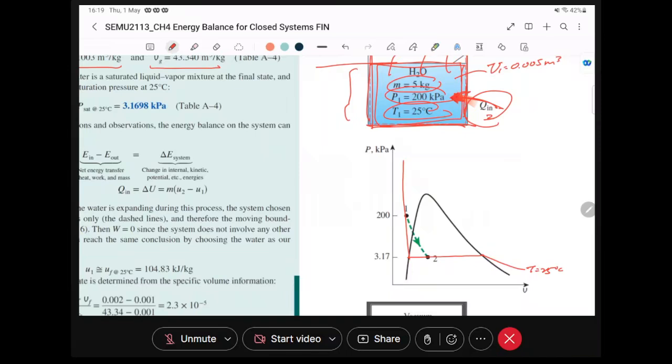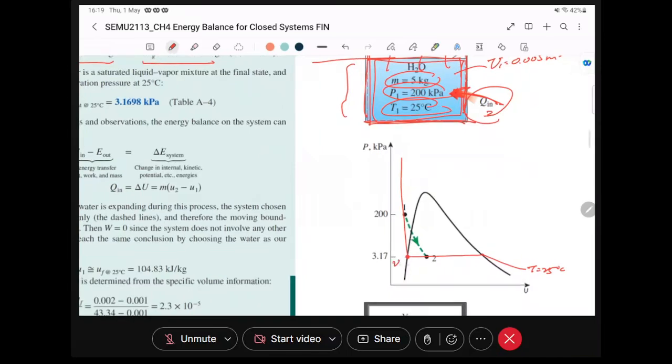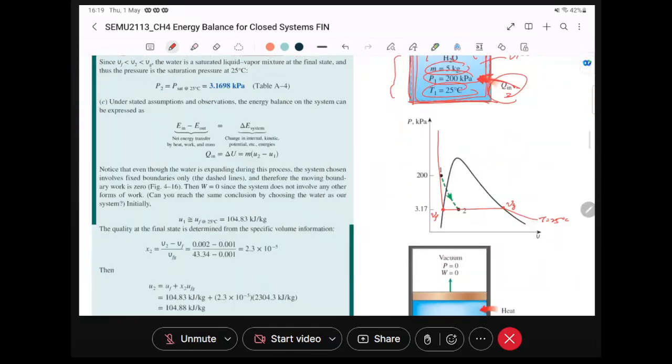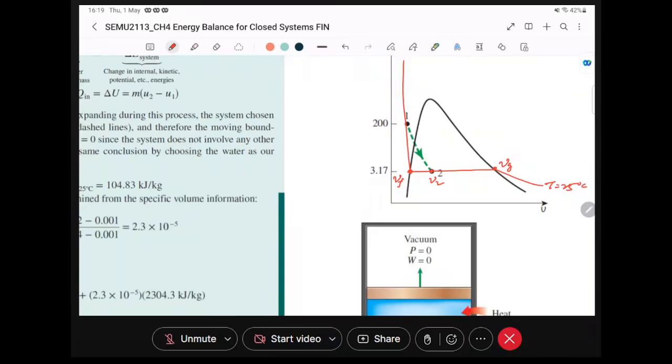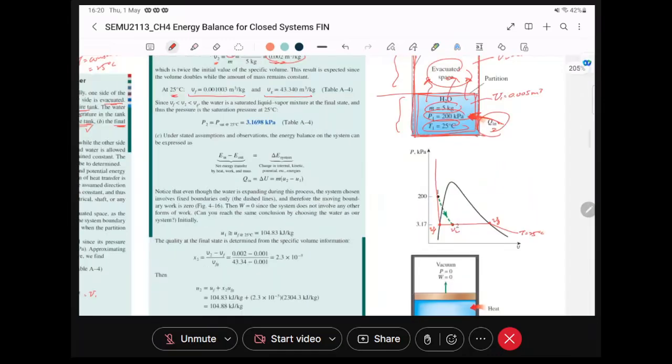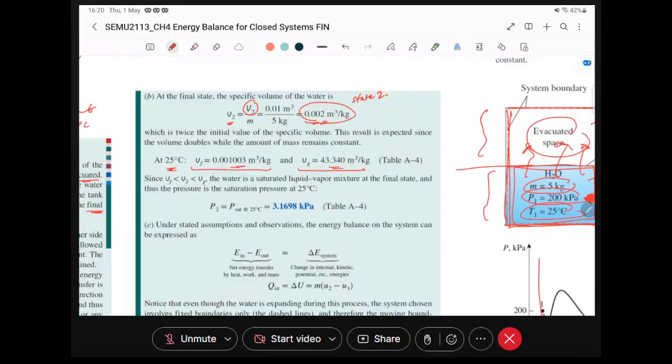This is VF, this is VG, and our V2 is somewhere here. Therefore, it's a mixture, that's for sure, because VF is this value, VG is this value, and this number is in between.